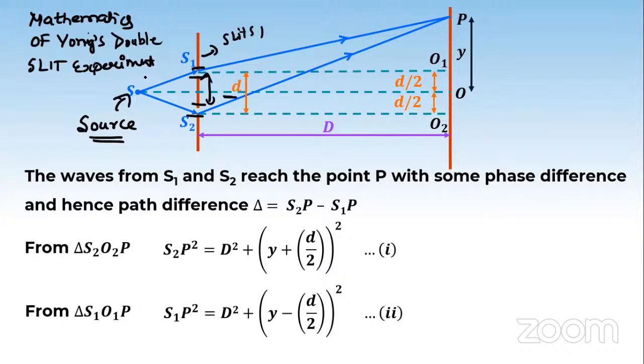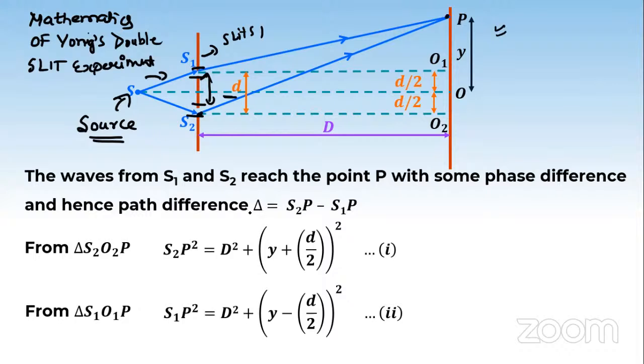Suppose the source of light enters here. When it passes through the slit S1 it will go there, and the light from the slit S2 will go there. So it will interfere here. You can see on the screen the patterns will be formed. And the screen is at a capital D distance.